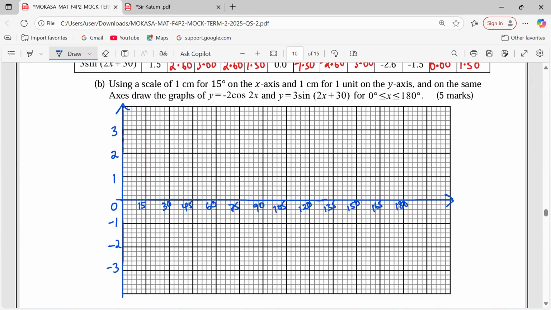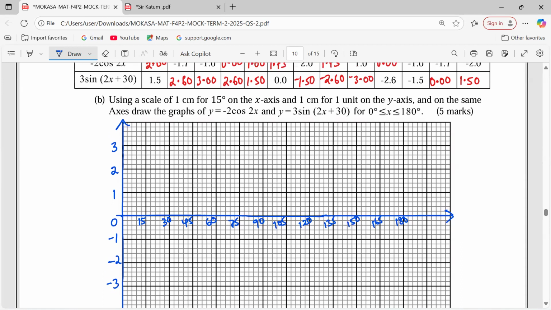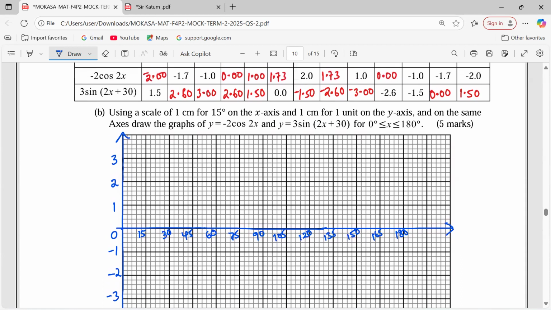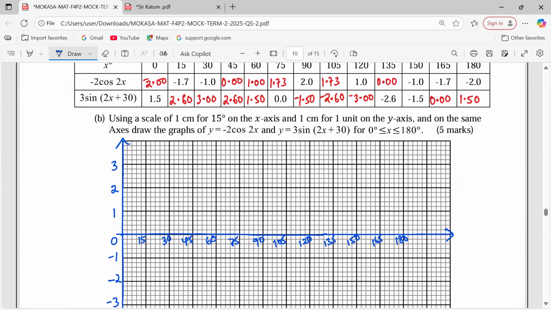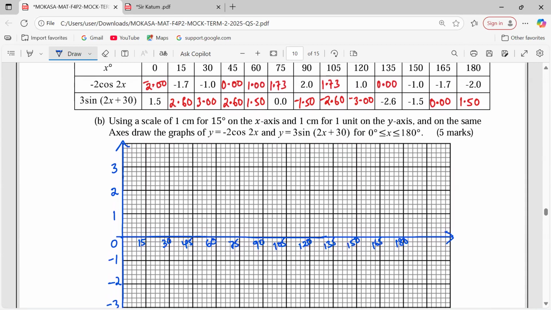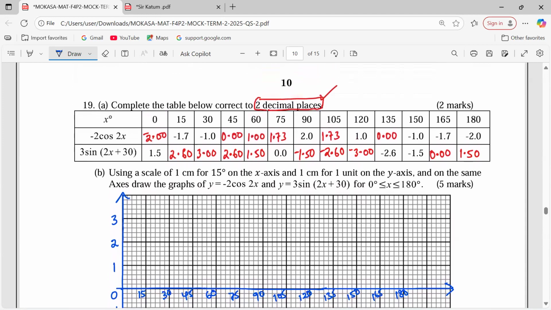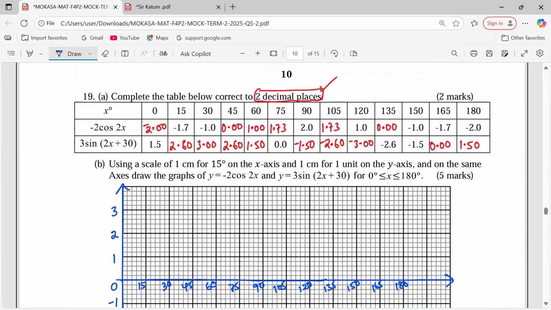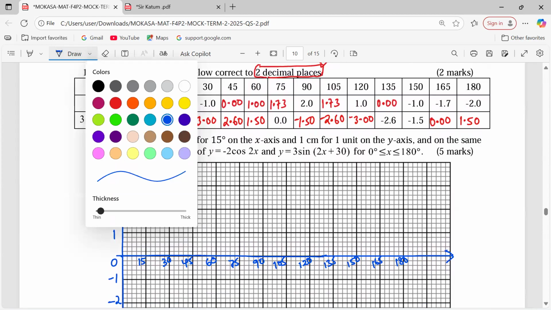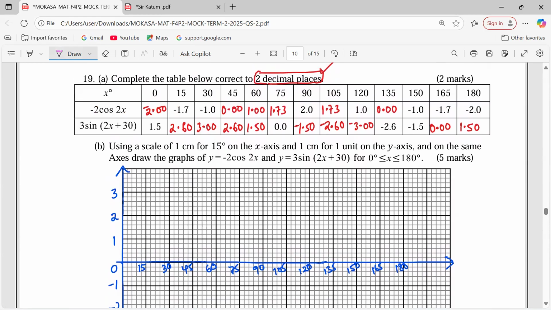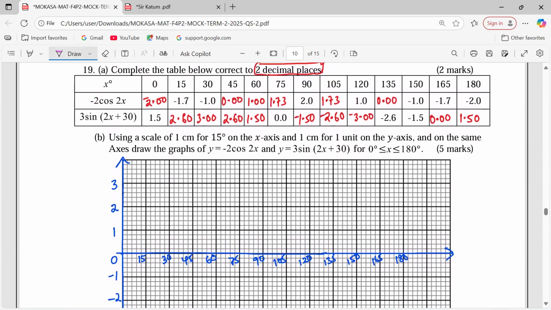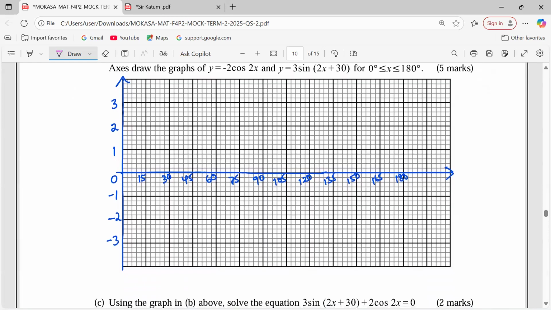And on the same axis, draw the graphs of y equals -2 cosine 2x and y equals 3 sine 2x plus 30, ranging between 0 and 180. So we first plot the first curve, we finish up with it, then we get to the second curve. Allow me to choose a conspicuous color here for the coordinates. 0, -2 shall start here.